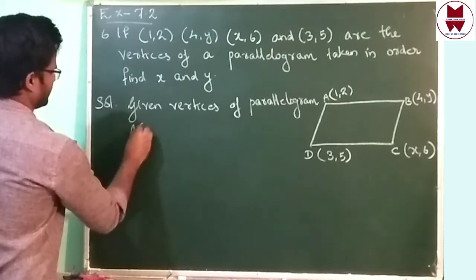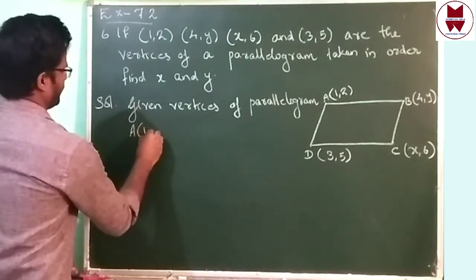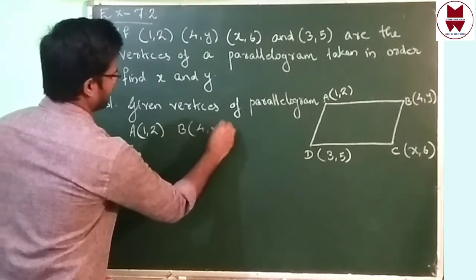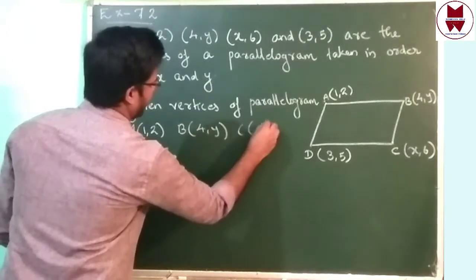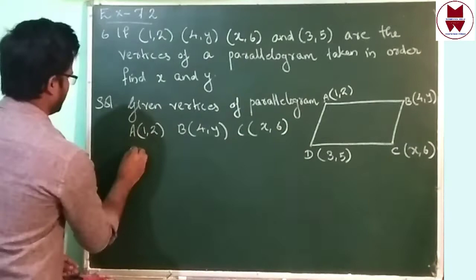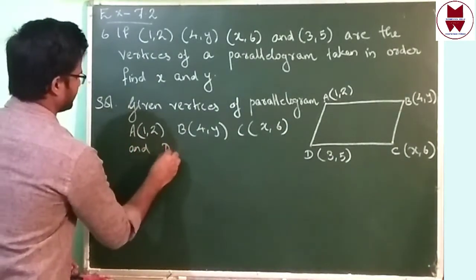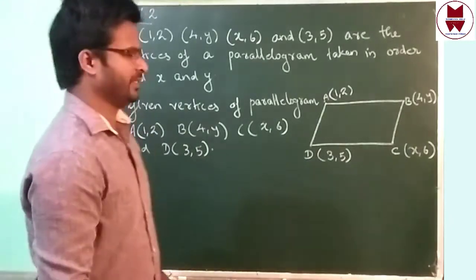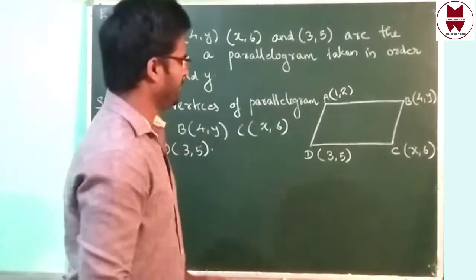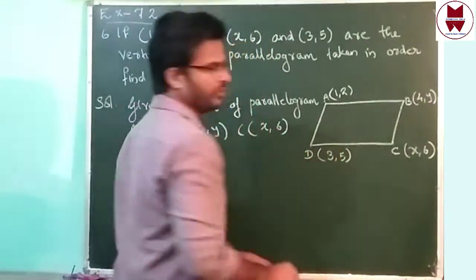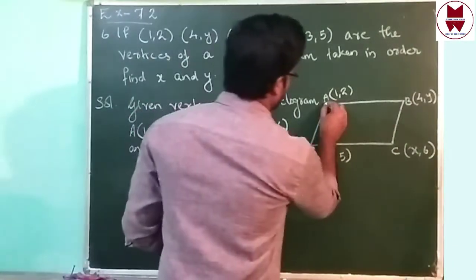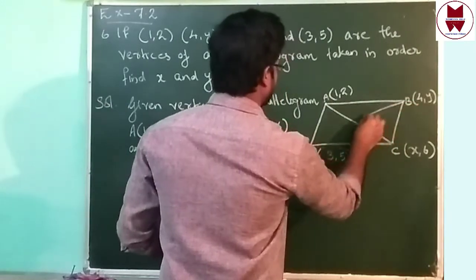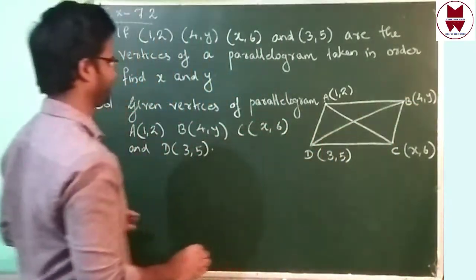First vertex is A (1, 2), B (4, y), C (x, 6) and D, D means (3, 5). 4 vertices are given here. Now, we can draw 2 diagonals here. First diagonal is AC, second diagonal is BD.